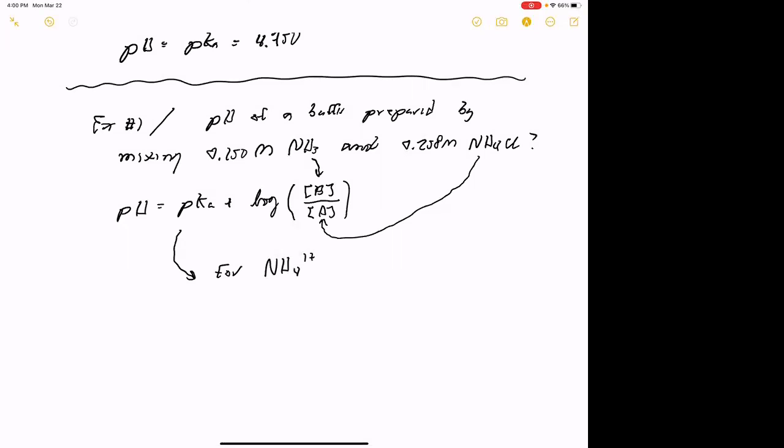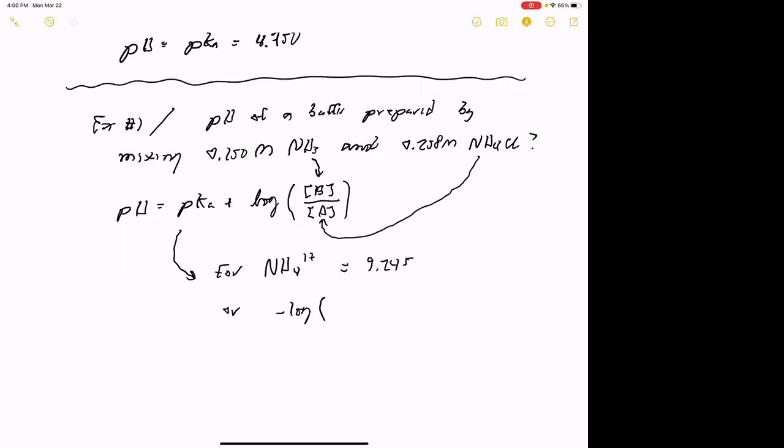Unfortunately, that's going to be found in the appendix in your book, so your Ka appendix, appendix B or whatever it is. And you can look that up. Now, I think I have it in terms of a Ka. It's actually right there. It turns out that the pKa is equal to 9.245. But let's say you only had a Ka. Another way to calculate it is you could take the negative log of the Ka.